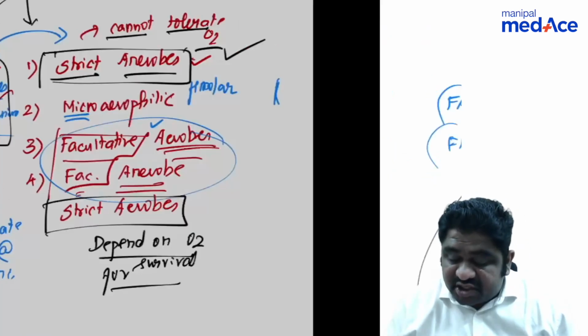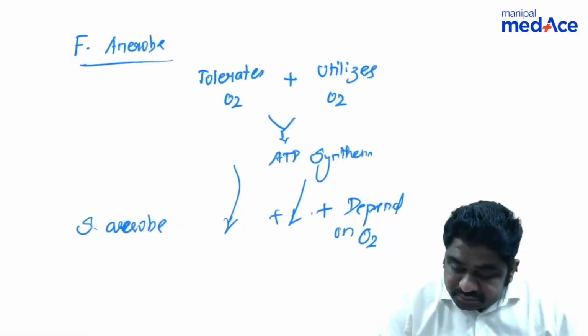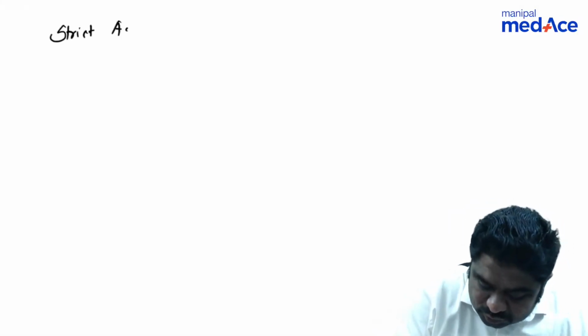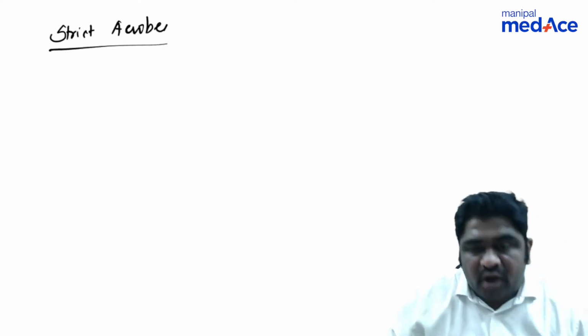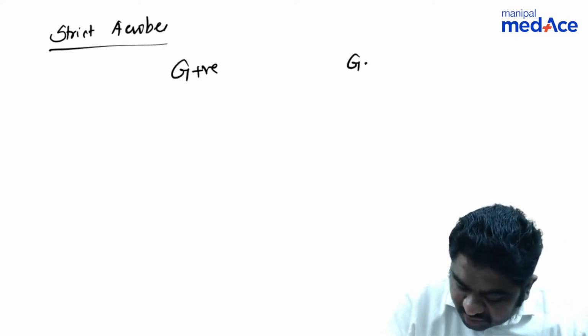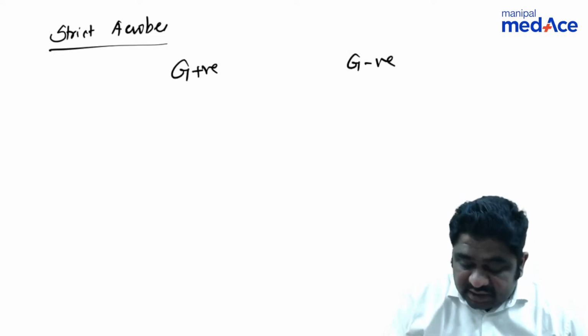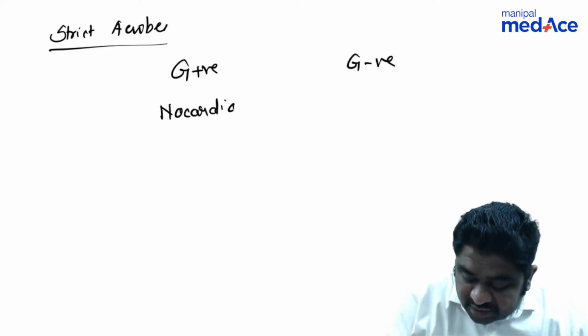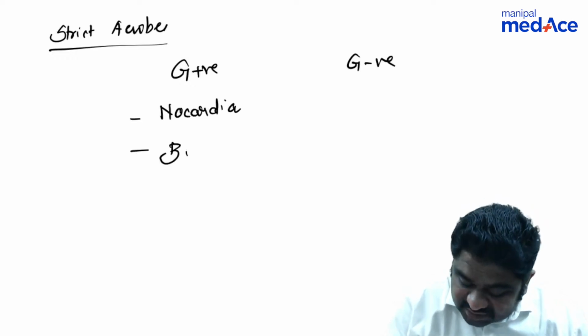Now, who are the strict aerobes? Let me write it here. You have to know this also for clinical interpretation. You have gram-positive strict aerobes and gram-negative strict aerobes. The gram-positive strict aerobe is Nocardia, which is a filamentous bacteria, and you have Bacillus.